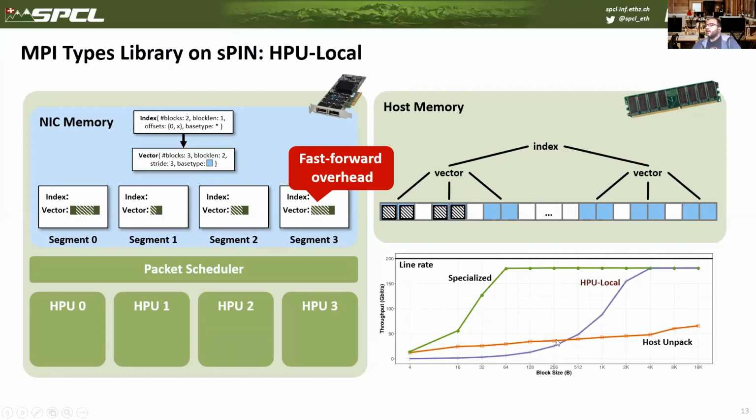But whenever you have multiple blocks, then again this fast forward overhead dominates and gets you this performance. So at this point, it's not convenient to offload the data type. You can just process it on the host, right?